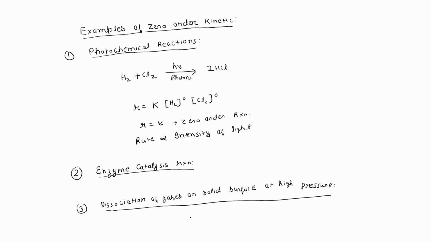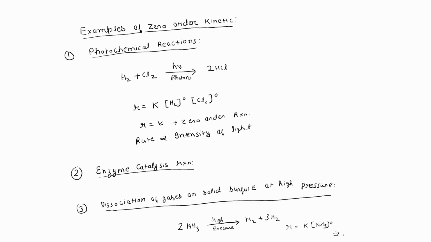So for this type of reaction, an example is ammonia molecule at high pressure dissociating into N2 and H2. For this type of reaction, rate is found to be k [NH3] to the power 0.